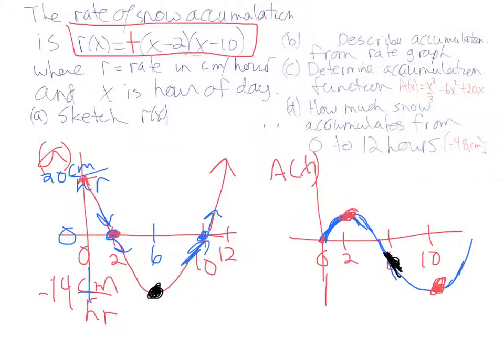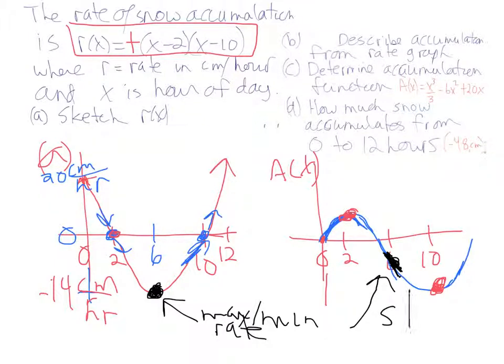Which makes perfect sense. Maximum or minimum rate will correlate to the steepest part of the graph. Okay, the steepest part of the graph. Good, so there's a lot of key features and important ideas there.